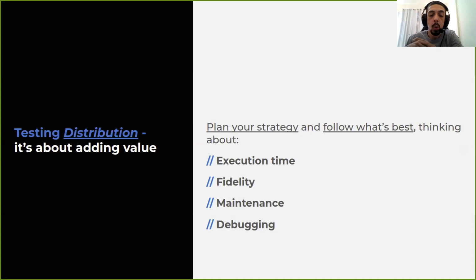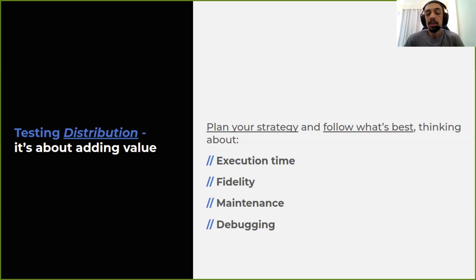And so when it comes to testing distribution, it's all about adding value. Depending on how your testing strategy is implemented, or what it's possible for you to implement in your application, you need to focus on specific points: execution time, fidelity, maintenance, and debugging.